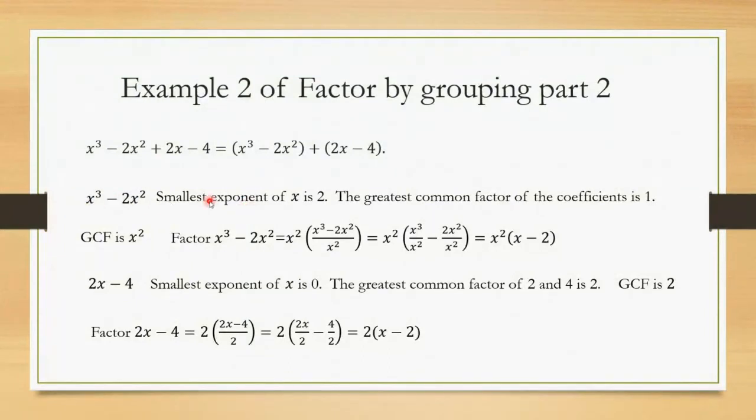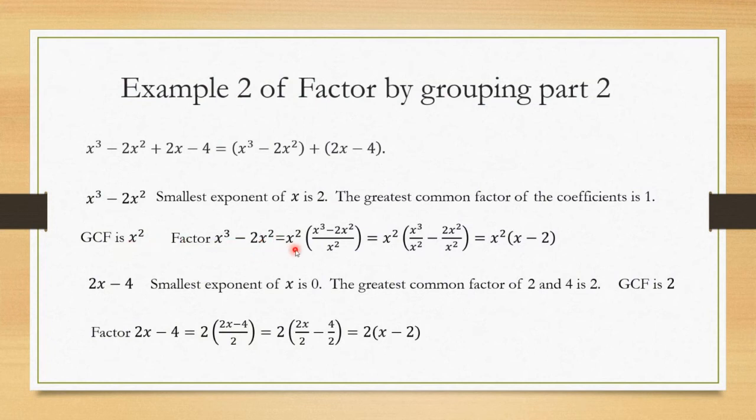B would be 1. So the GCF would be 1 times x squared, which is just x squared. So again, we have 1 here, and the only factor of 1 is 1. So the only common factor one can have with any number is 1 itself. That's why the greatest common factor of the coefficients is 1. The smallest exponent of x is 2. The GCF is x squared then.